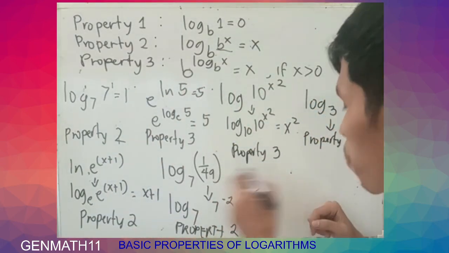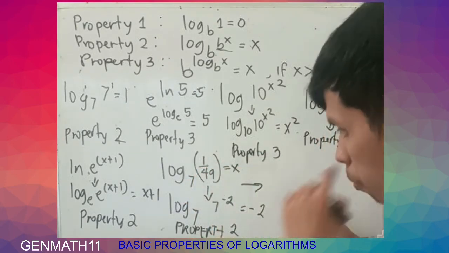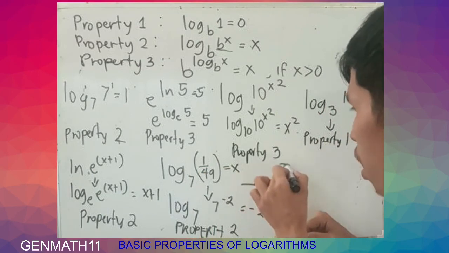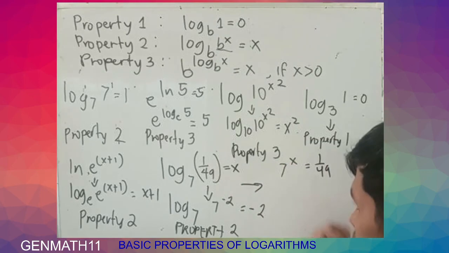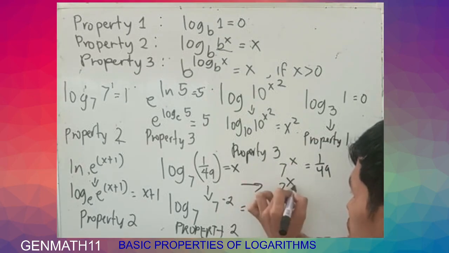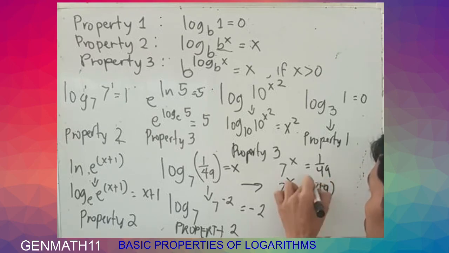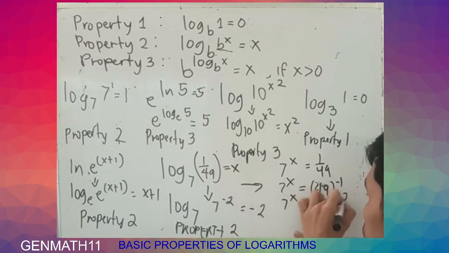Di ba pag nagsasolve tayo, lagyan natin ito ng equals x. So, pwede natin siya translate as 7 raised to x equals 1 over 49. Next, pagparehasin natin yung base. 7 raised to x equals 1 over 49, di ba magiging 49 raised to negative 1, magiging 7 raised to x equals 7 raised to negative 2.